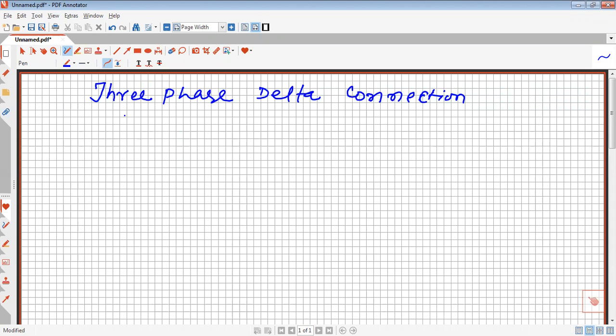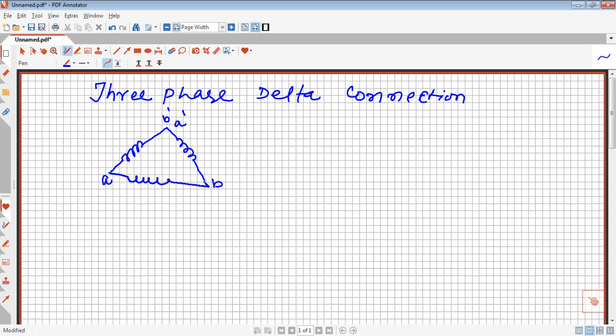So, three-phase delta connection means we have a connection like this. This is phase A, and this is A dash, and this is B, B dash, and this is C phase.